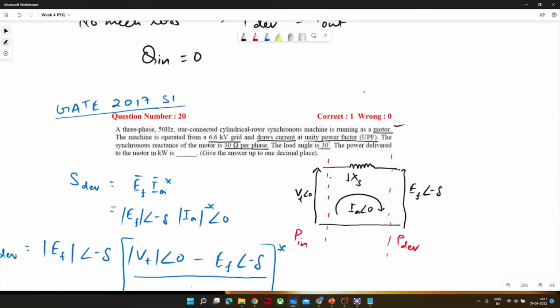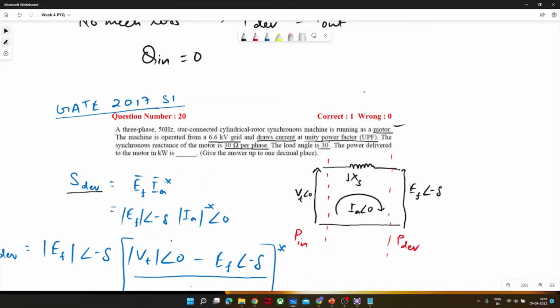From higher angle to lower angle, power is flowing. We discussed in the last session that if we have to calculate any power, we should first go with apparent power. If we know apparent power, we can calculate any power, either real or reactive.